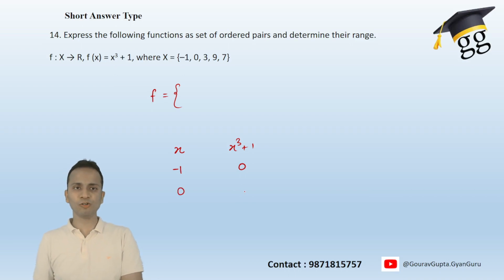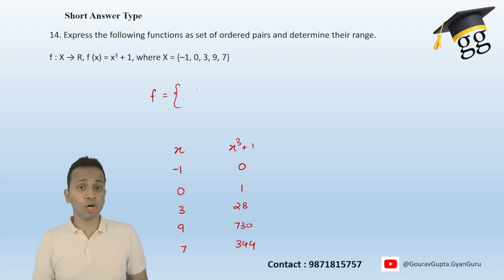When x is 0, then x cube plus 1 will be 1. When x is 3, 3 cube is 27, 27 plus 1 is 28. When x is 9, 9 cube is 729 plus 1, 730. And finally, when x is 7, 7 cube is 343 and plus 1, it will be 344.